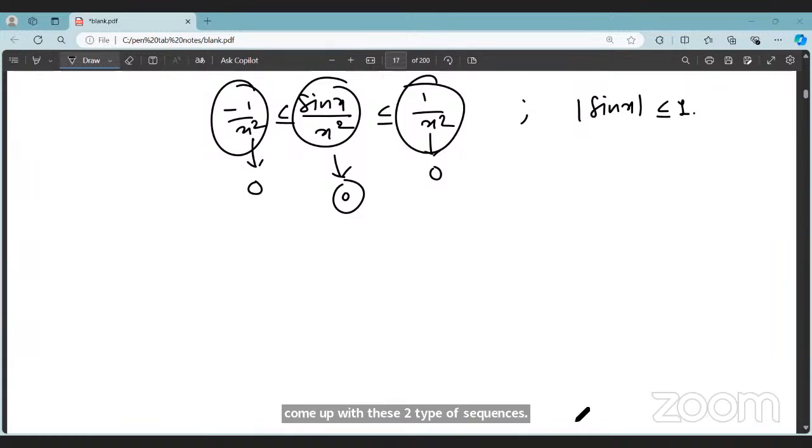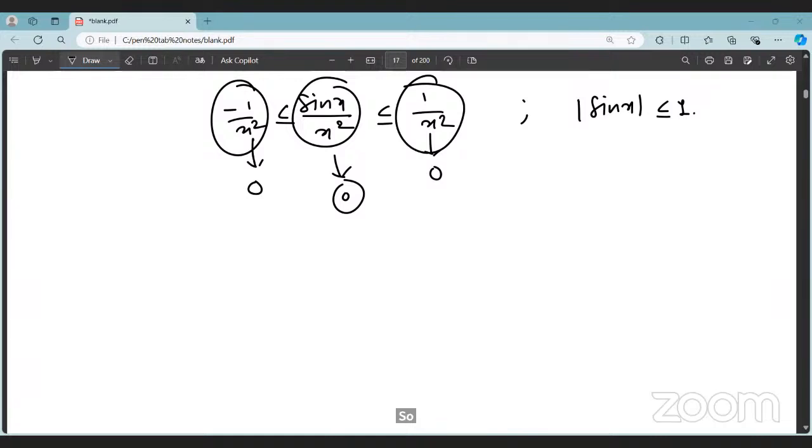So let's go through this question. Let f of x be differentiable at x equals. Here, what does this say? Two points are given to you, right? 5,8 and 1,0.